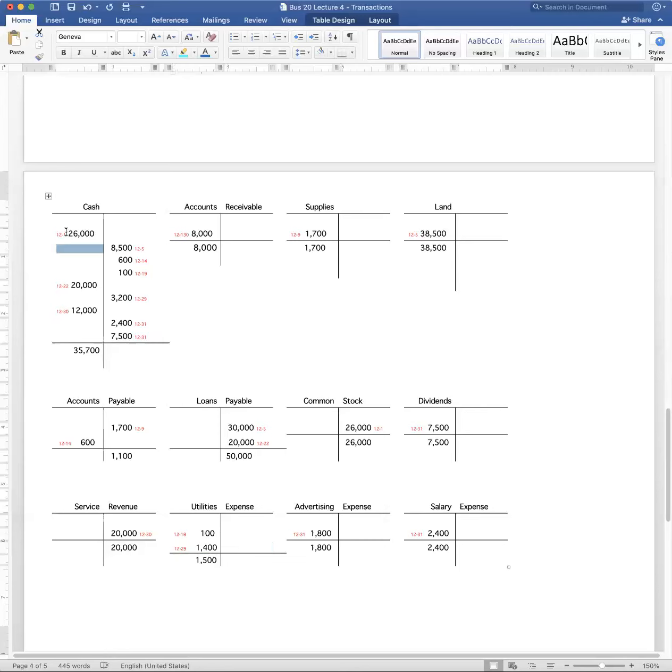So for cash, what we're going to do is we're going to take 26,000 plus 20,000 plus 12,000, add those up, and then we're going to subtract everything on the other side: 8,500, 600, 100, 3,200, 2,400, and 7,500. So we're going to add all these numbers and then subtract all of these.